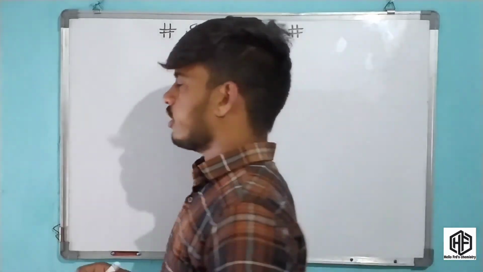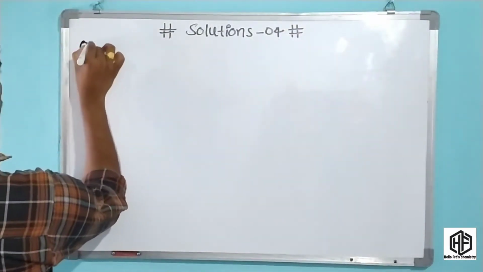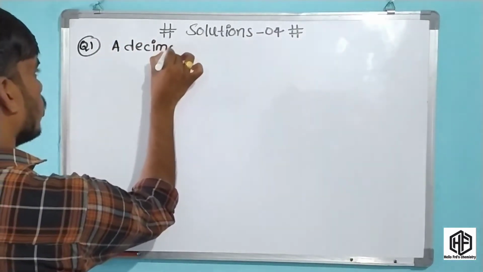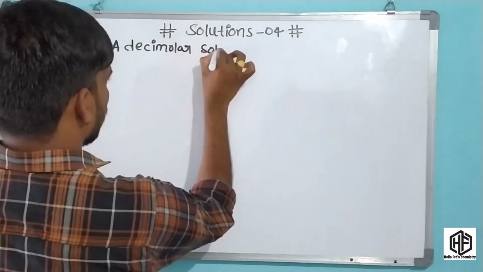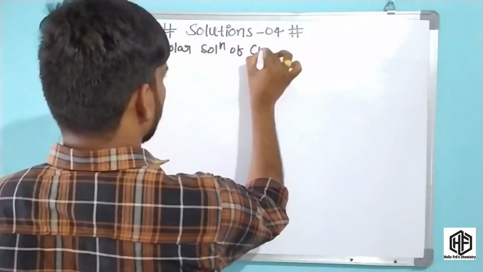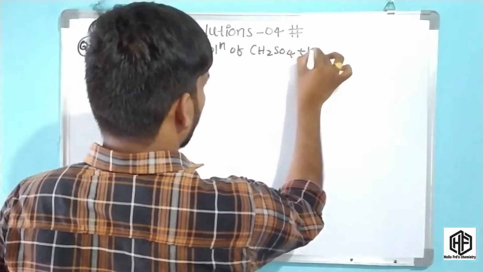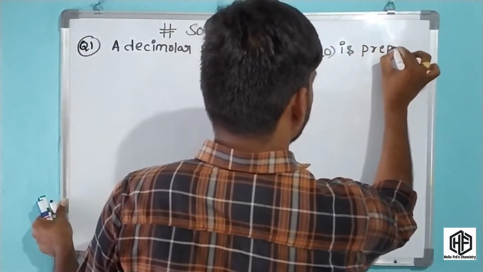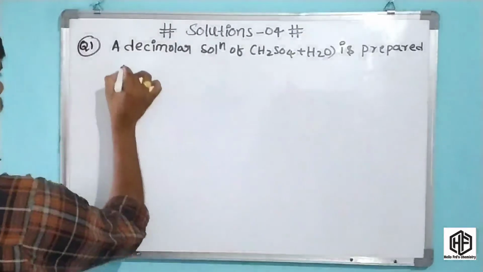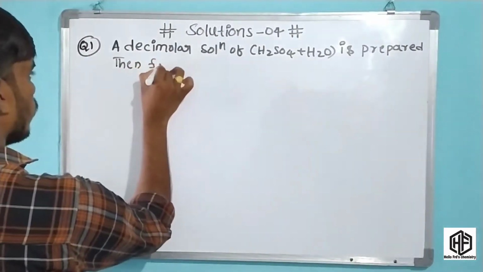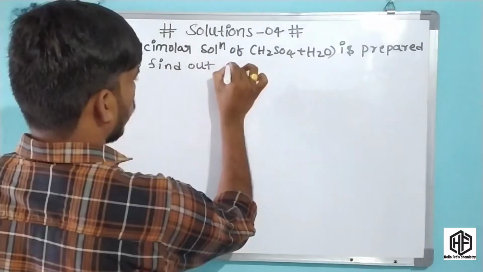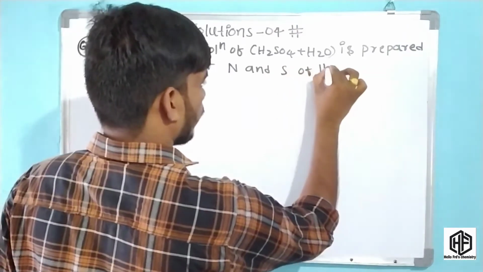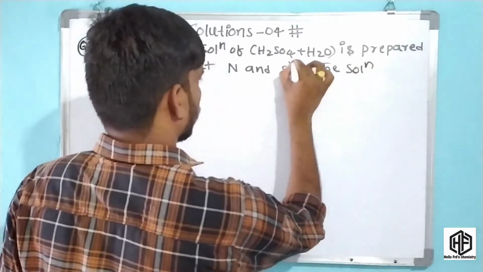Now the first important numerical problem, question 1: a decimolar solution of H2SO4 plus water is prepared, then find out the normality and strength of the solution.